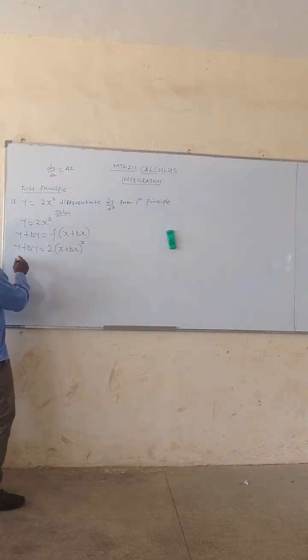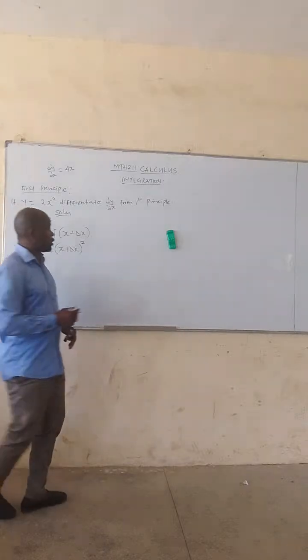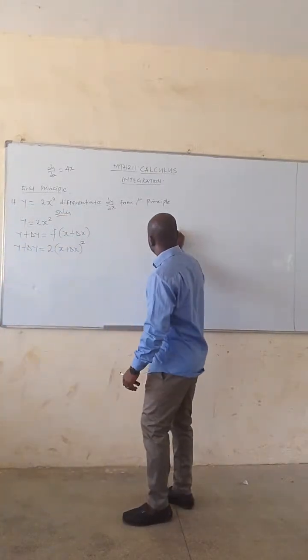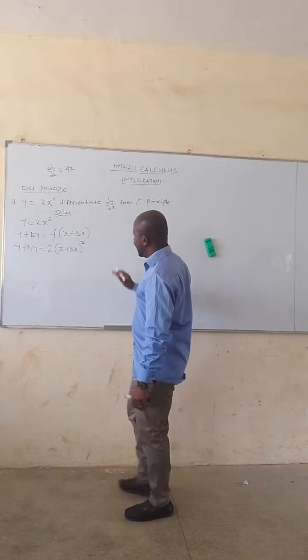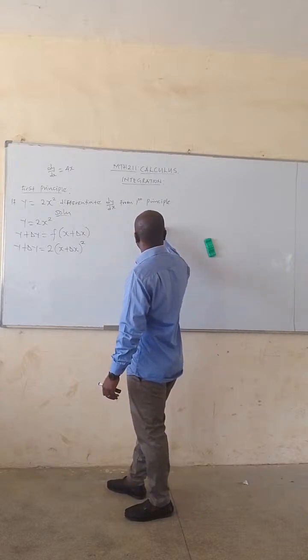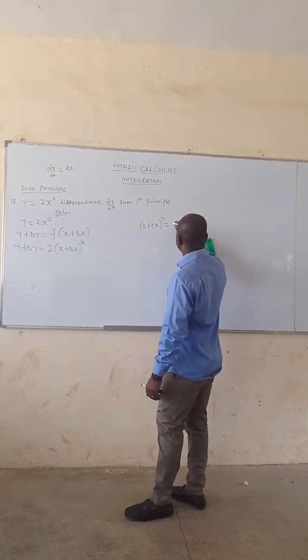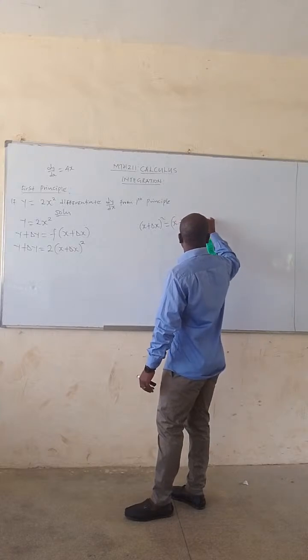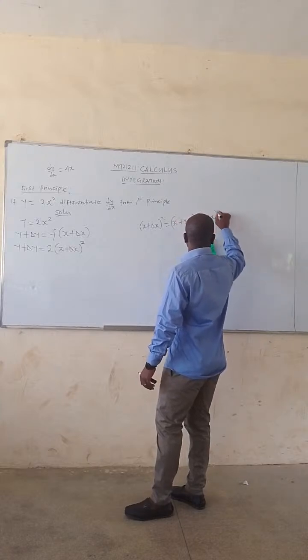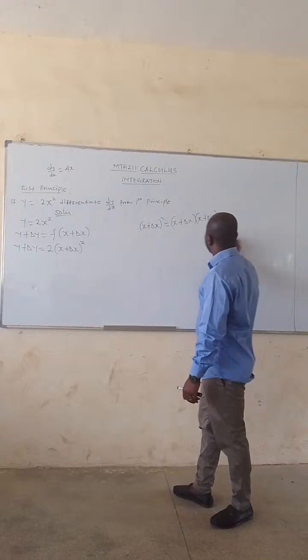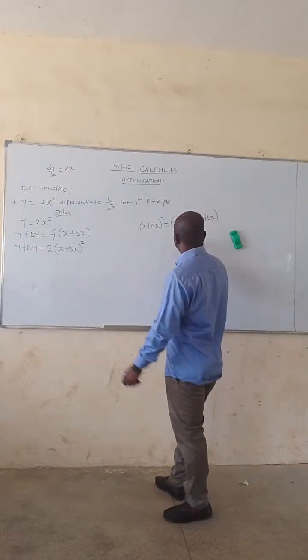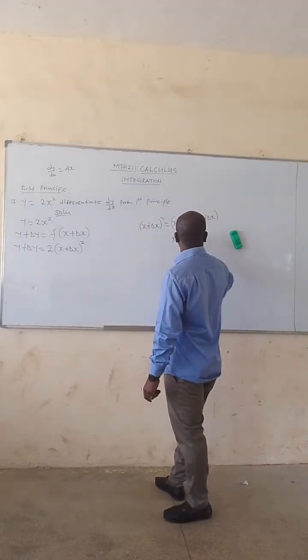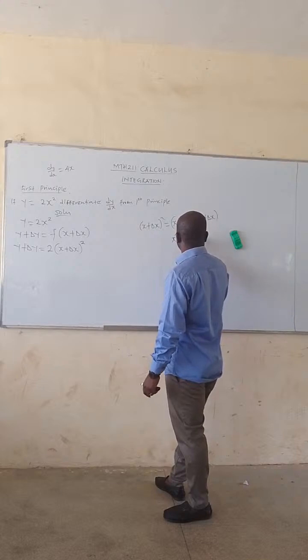So here, for the sake of viewers, let us expand it. There are some that are just going to learn how to expand something like this for the first time. This is the same thing as x plus dx times x plus dx. Then x times x is x squared, x times dx, plus x dx.